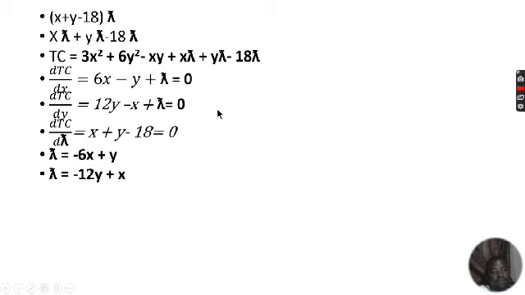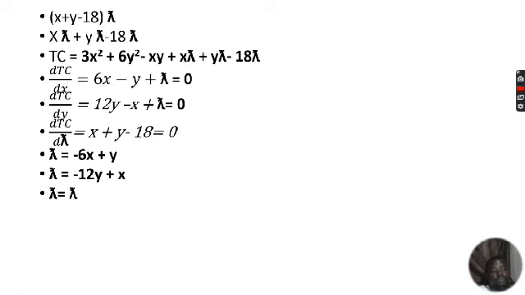This 12y will cross the equal sign and become negative 12y. The essence is to make lambda the subject. Then this x will cross the equal sign and become positive x.